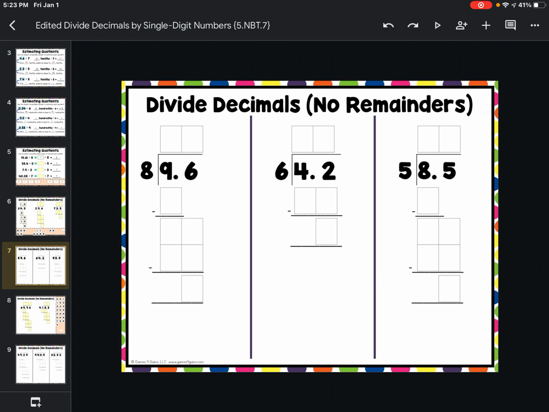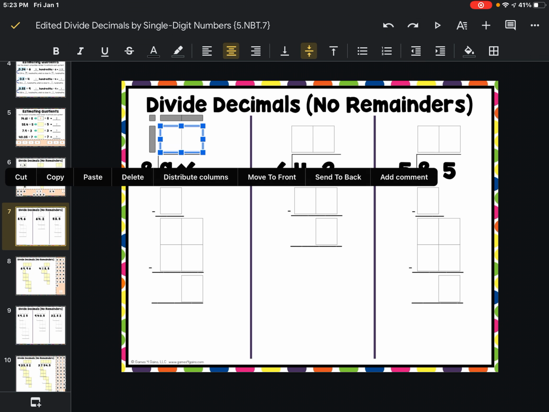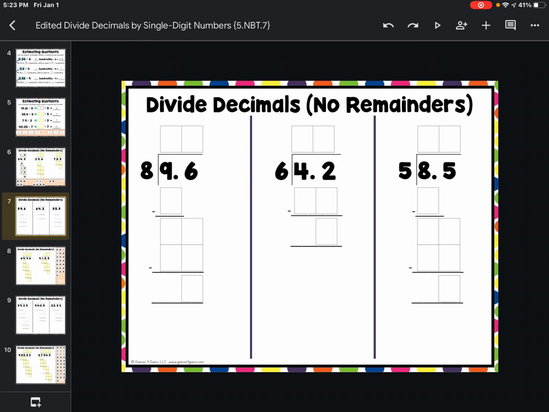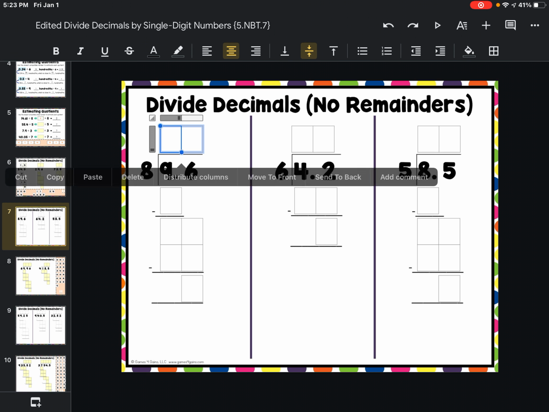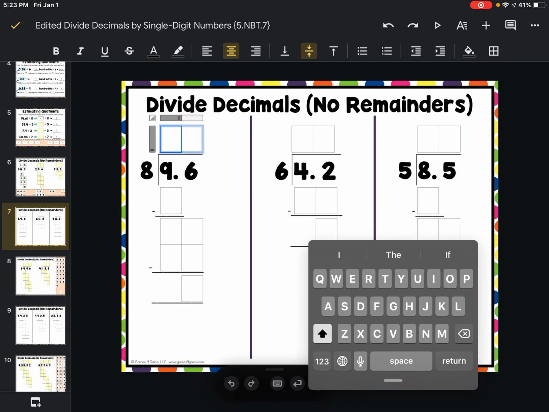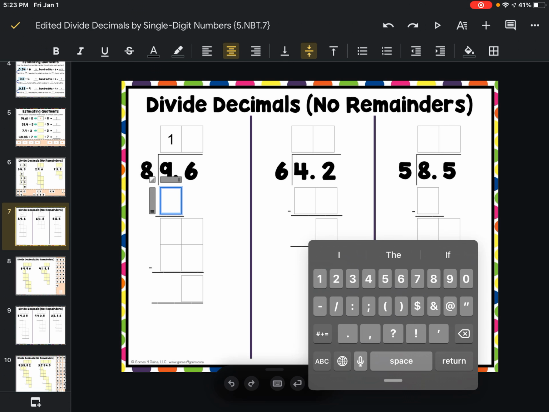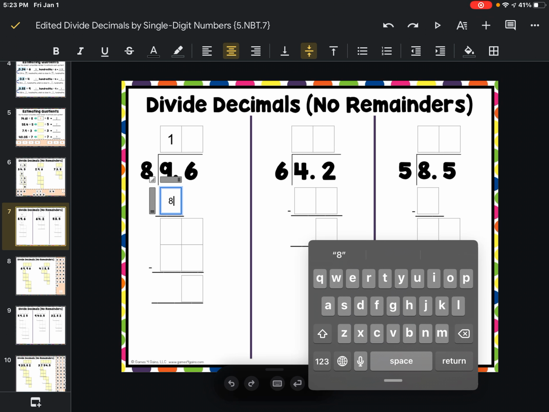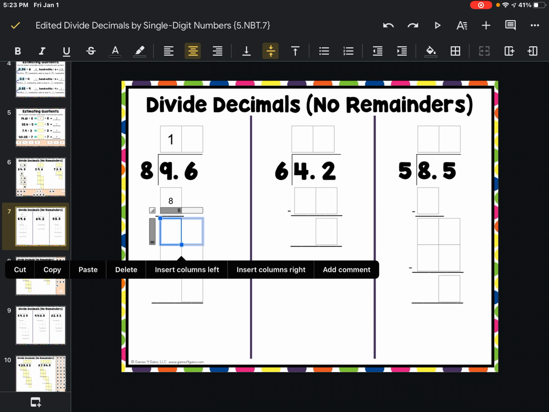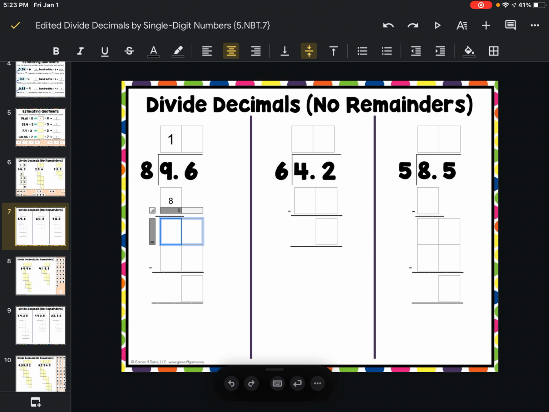Over here, really no different. You just don't have anything to drag and drop. So this time you're going to actually type in your answers. So 8 goes into 9 1 time. 1 times 8 is 8. 9 minus 8 is 1.